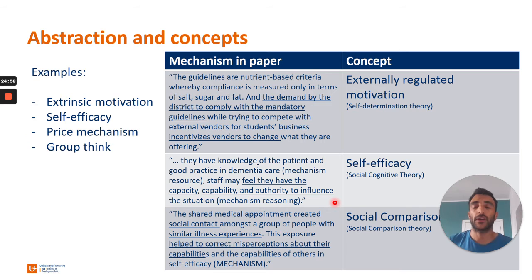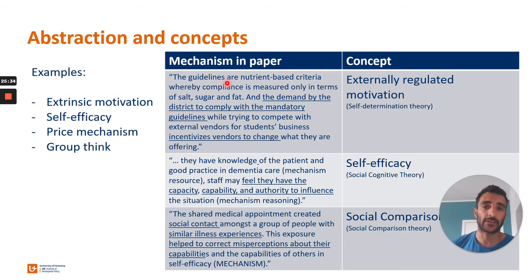So here you have examples of, for example, extrinsic motivation can be seen as a mechanism, self-efficacy, the price mechanism, groupthink. They are all established concepts within the scientific literature, of which we know that they have a reason. And so to put it into practice, we see here a mechanism from a paper, which I'm not going to mention because it doesn't really matter, and you see a whole long text: the demand by the district to comply with the mandatory guidelines while trying to compete with external vendors for students' business incentivizes vendors to change.